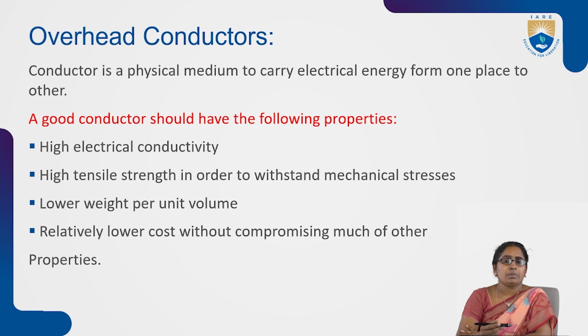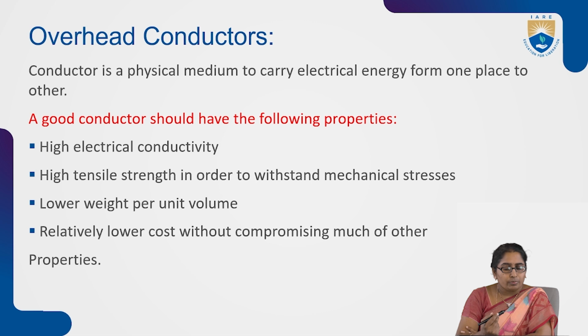As we saw in the previous slide on the structure of the power system, the transmission lines are placed on supporting towers. Those lines are the conductors, used to carry electrical energy from one place to another.